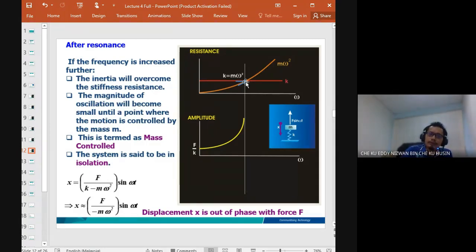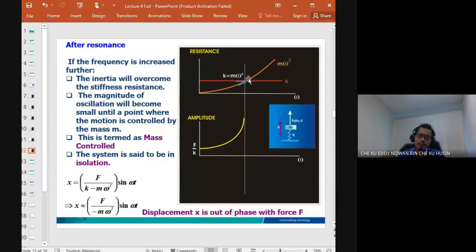This is also used as an indicator to sense the resonance, based on the phase diagram. If there is a phase shift, it means that in that area there is a resonance frequency. This happens after you increase the speed.